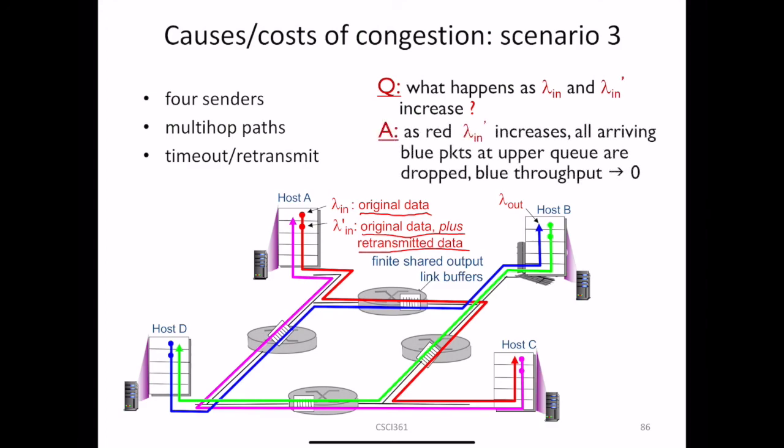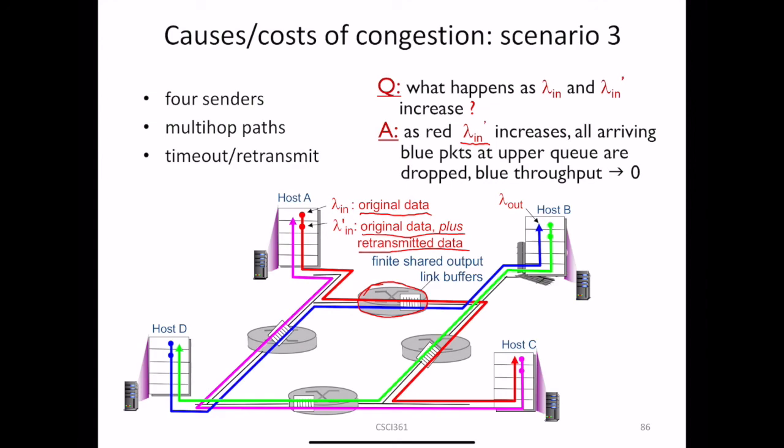As the red lambda in prime, which is the input from host A, increases, all arriving blue packets at the upper queue are dropped. Blue throughput will be equal to 0. What does that mean? It means this router is fully occupied by host A because host A increased its input speed, which is lambda in prime.